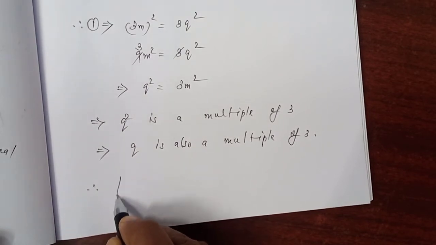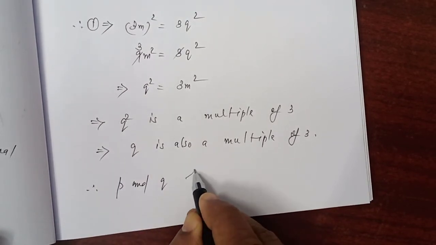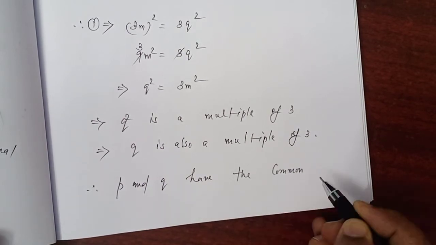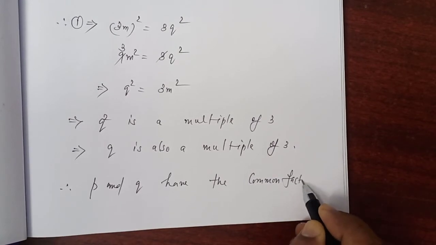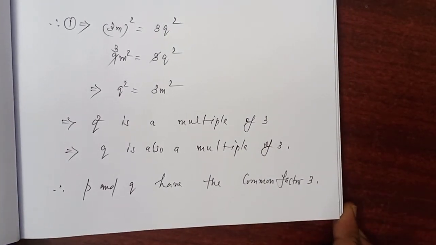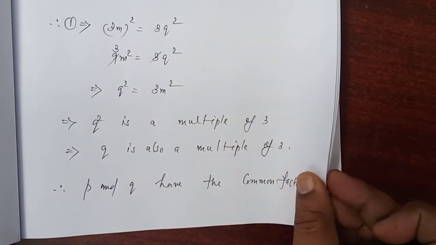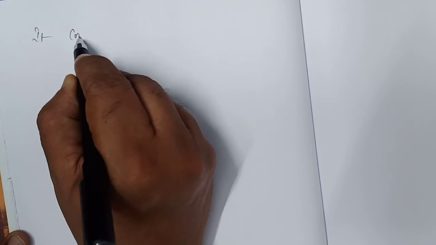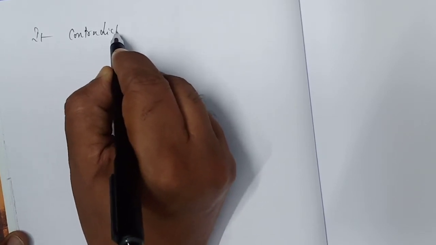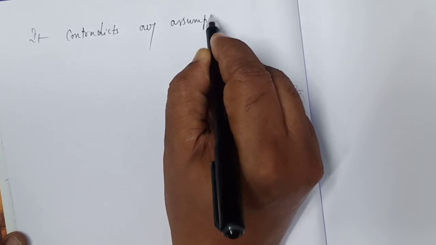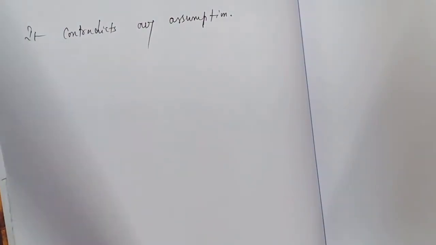Therefore, we can say P and Q have the common factor 3. It contradicts our assumption. What is our assumption?